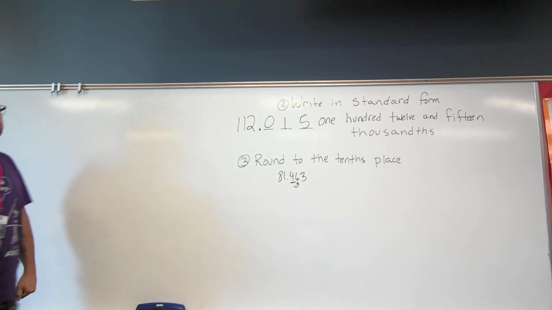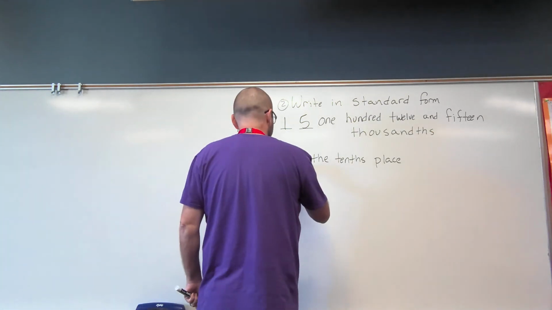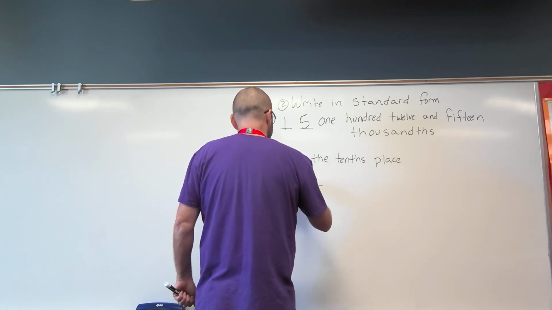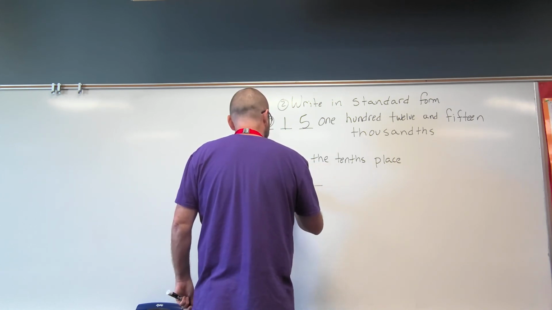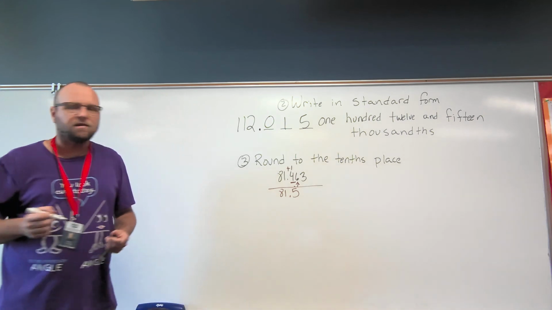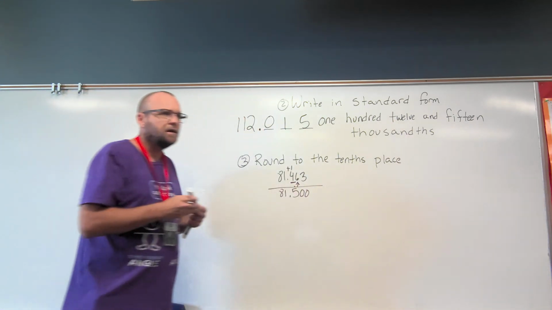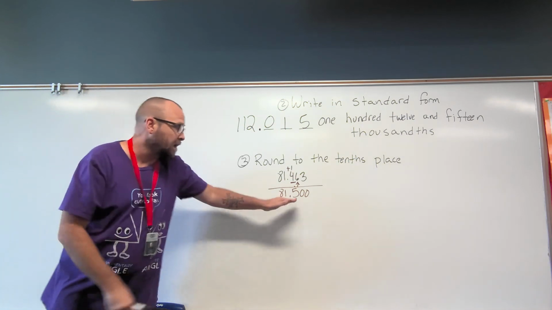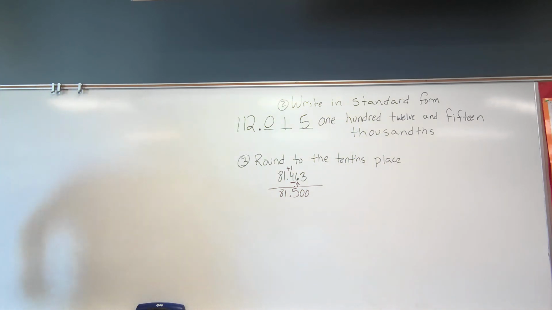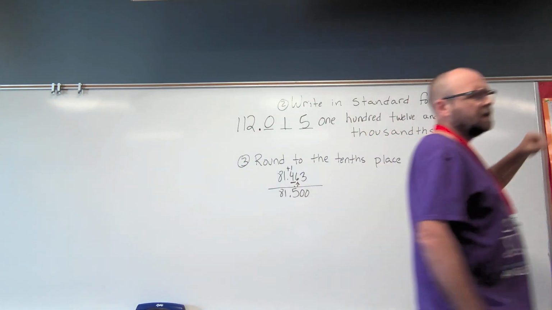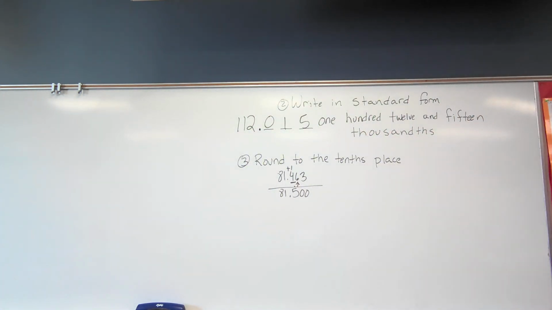I'm going to add 1 because the number behind it is 5 or greater. And I get 81 and 5/10. If you put 81 and 500 thousandths, that's fine. But behind the 5, you cannot, and I mean cannot, have anything besides 0.